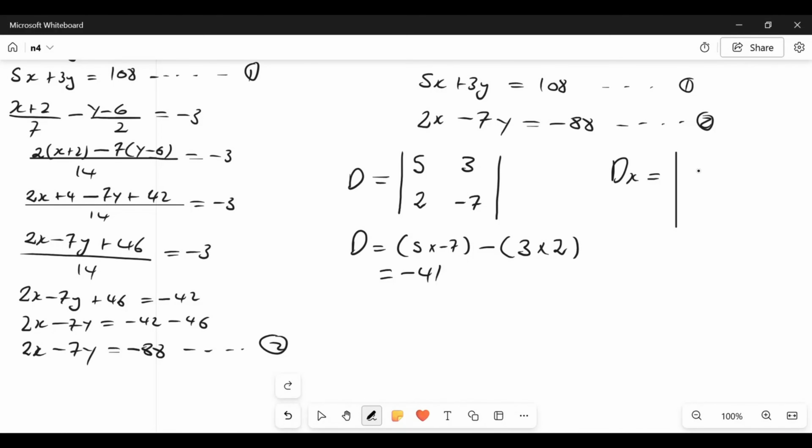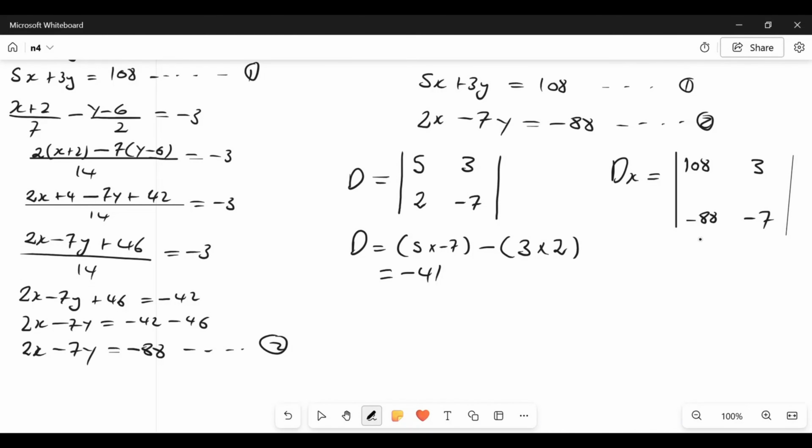The first entry we're going to take from the first equation, which is 108. And then the third entry we're going to take from the second equation, which is negative 88. There we go. And then we're going to keep these ones for y because we are not calculating for dy. So we have 3 and negative 7.